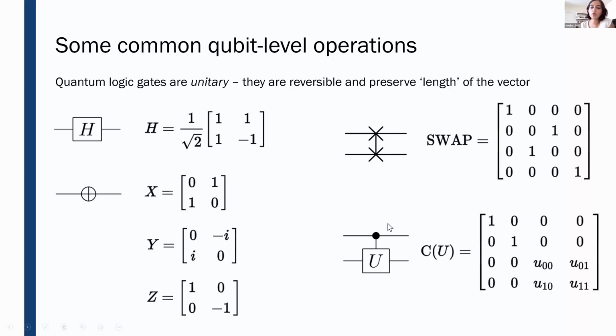And then you can also have controlled versions of gates. So, for instance, in this one, if the top qubit is in 0, nothing happens. And if the top qubit is in 1, the operation U acts on the bottom qubit. I assume everyone's familiar with this notation. There'll be a lot of this coming up.